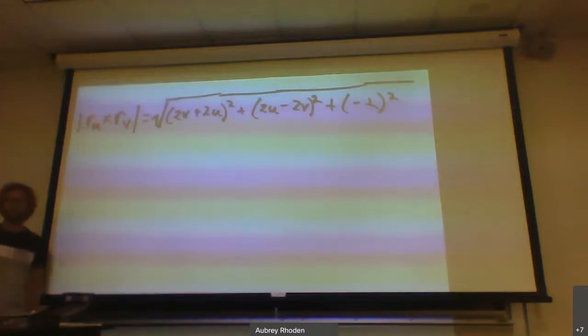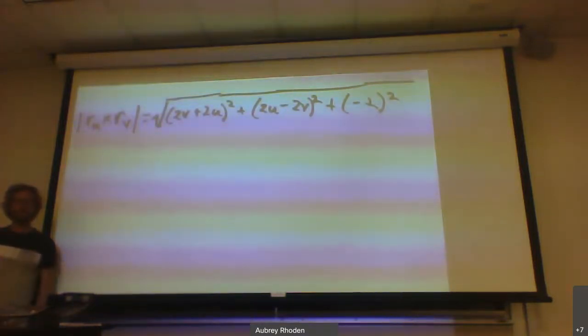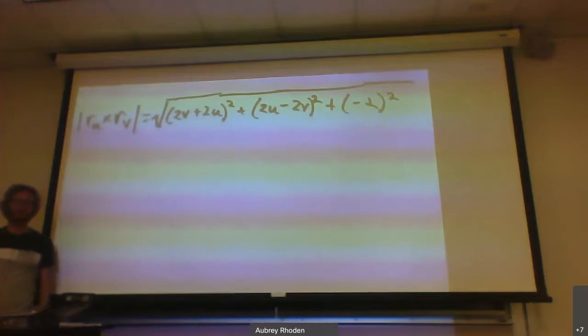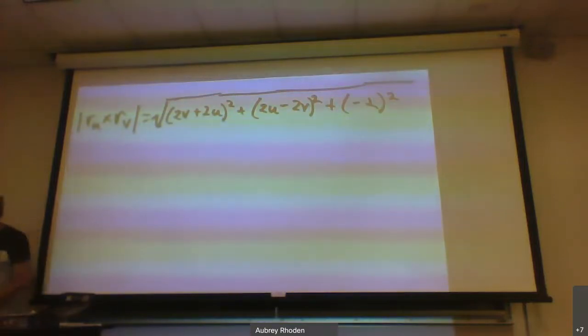Okay, now every one of these components has a 2 squared in it. So the square root of 2 squared, you can just pull out a 2 from it.